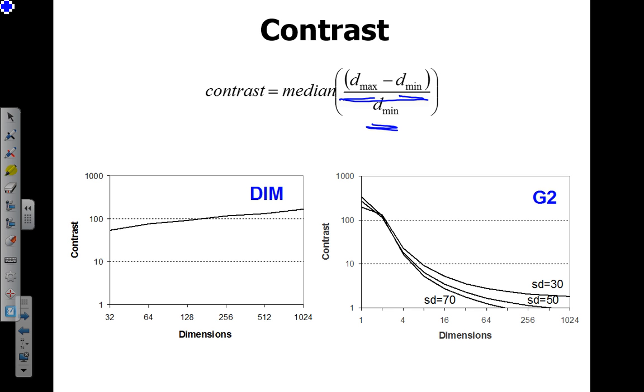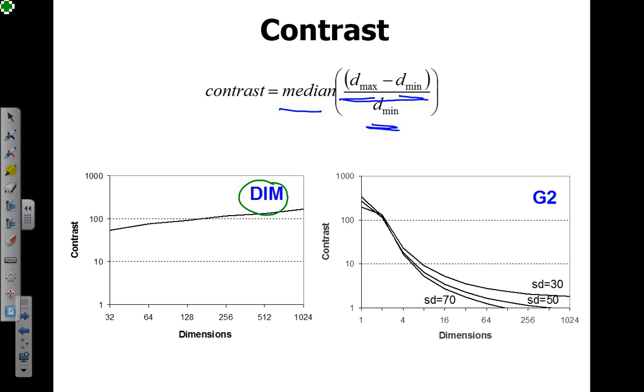If we divide it by the minimum, we get the relative difference. Then we take the average, or in this case the median, of all these numbers in the data set, and we get an estimation of how much variation the distances have. So two examples here.